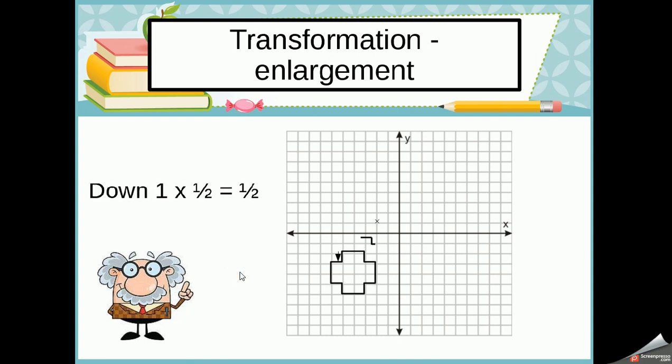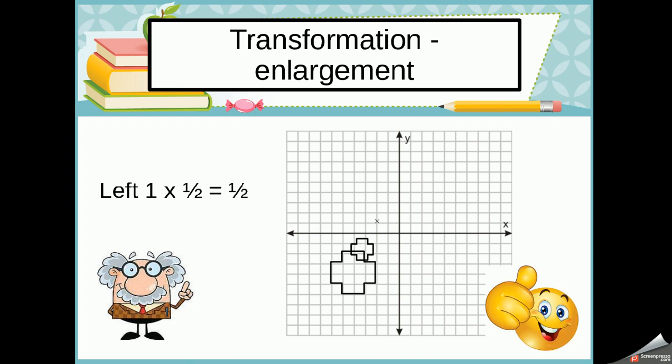And we're going to continue this process, looking at how far each measurement has come across on the original shape and multiplying them by a half to draw them on the shape we are creating. And as you can see, this is now an enlargement of a half from the centre -2, 1, where the shape has got twice as small instead of large.